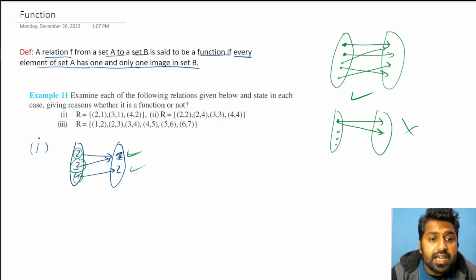As long as each element has one and only one image, it is a function. So first one is a function.